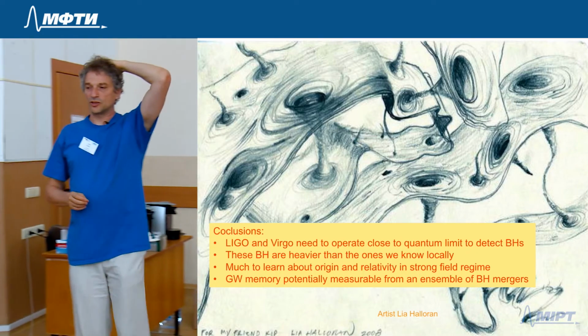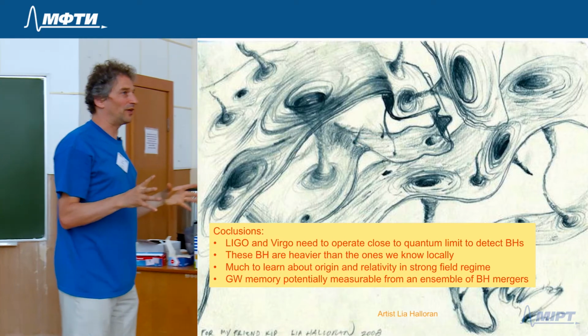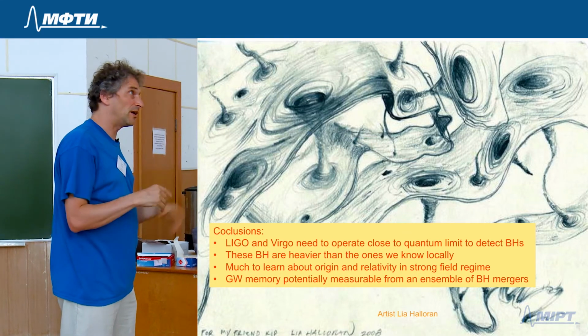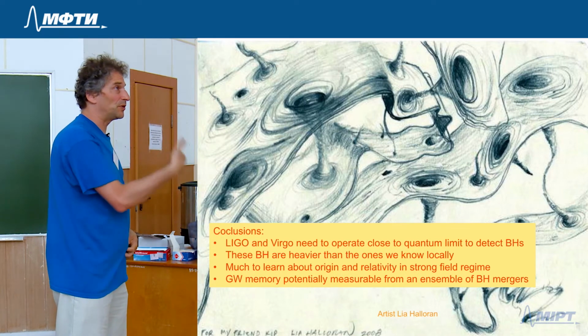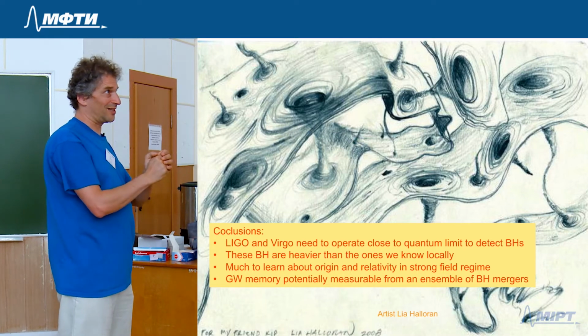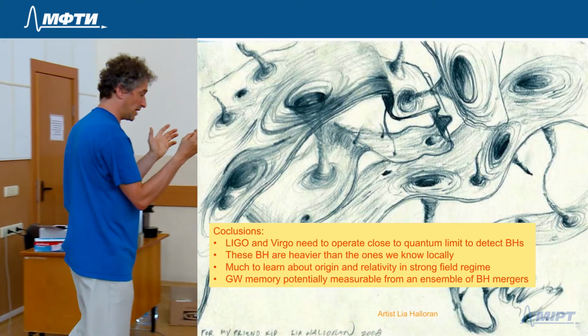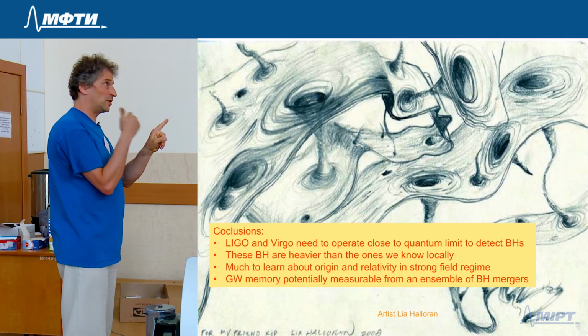Well, like I said, you're not looking for a cumulative memory effect, like cumulative distortion of some cloud. Instead, you're checking an ensemble of predictions from each of the signals. From each signal you have a strong prediction of what the memory should be, and then you're testing whether it's there or not.